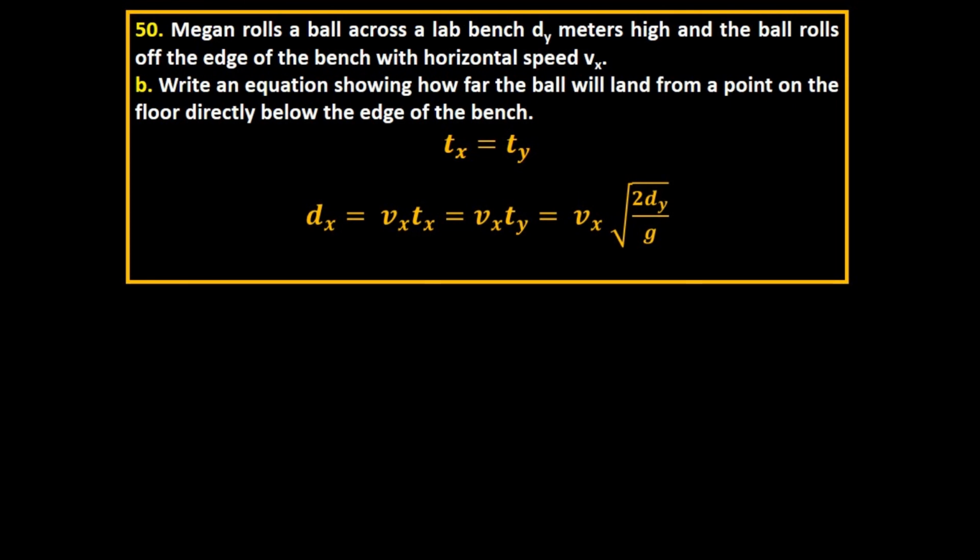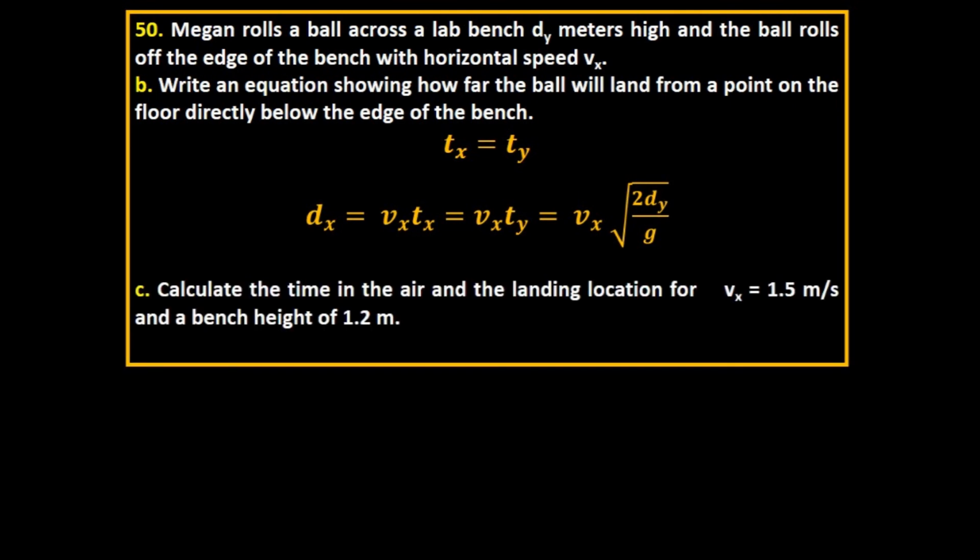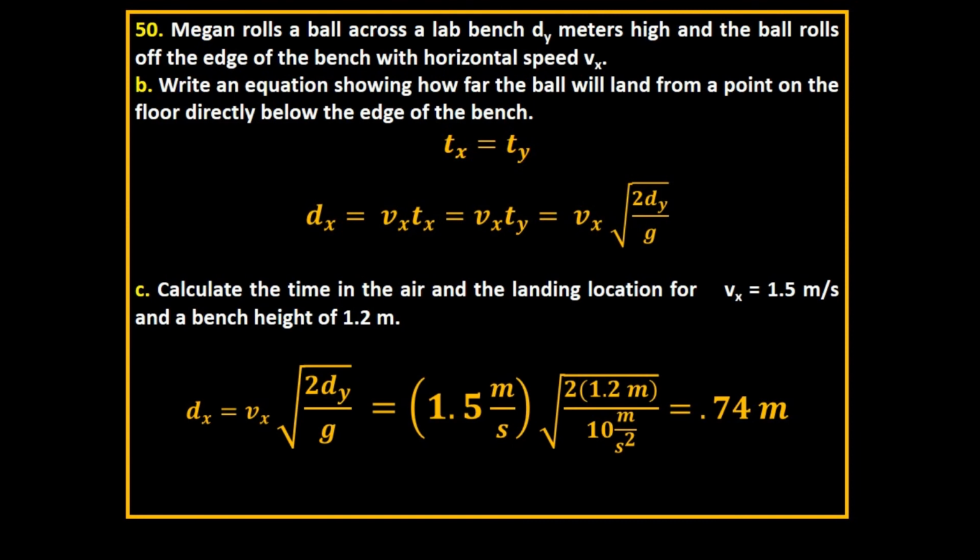So now what we'll do is use that equation. We'll calculate the time in the air and the landing location for Vx equals 1.5 meters per second and the bench height of 1.2 meters. Calculate the time in the air and the landing location for that speed and that height.